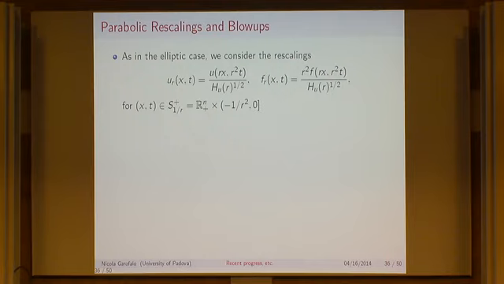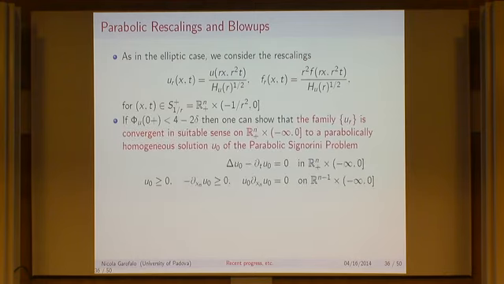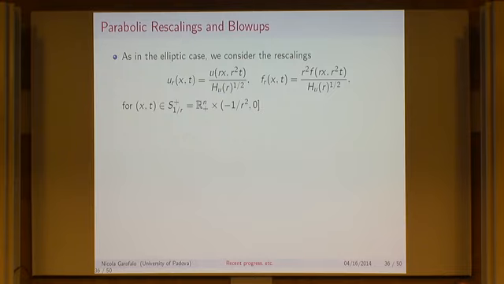So we consider these so-called parabolic rescalings. They are modeled on the elliptic rescalings of Athanasopoulos, Caffarelli, and Salsa that I told you before. We are taking the parabolic rescaling of U and dividing by this height function to the 1/2, and then you have to renormalize also the right-hand side.